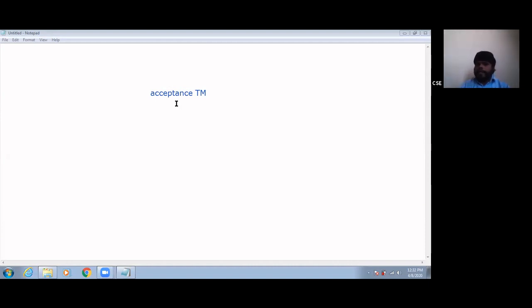So acceptance of the Turing machine has three things. One is, after reading the entire input string, you go to the final state and halt.